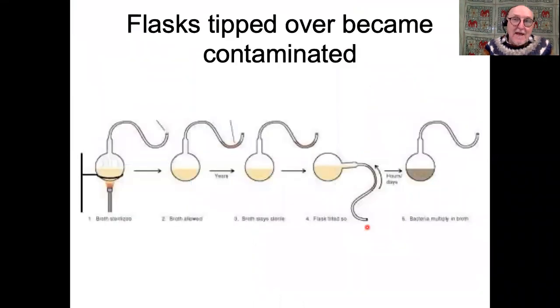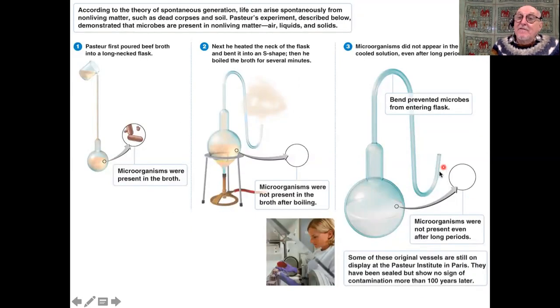If, on the other hand, he takes this flask and he tips it over so that some of the broth contacts the neck, and then he tips it back up again, then the broth becomes contaminated. Here's the reason why. This part here is a trap.